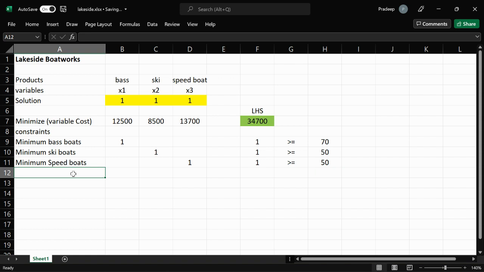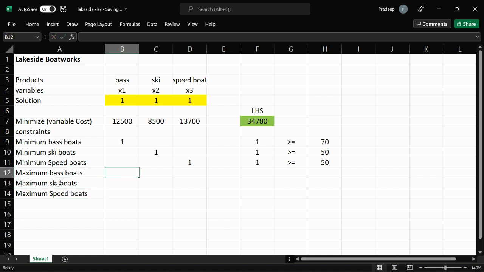Next, these are minimum constraints. Now what are maximum constraints? Maximum bass boats, maximum ski boats, maximum speed boats.